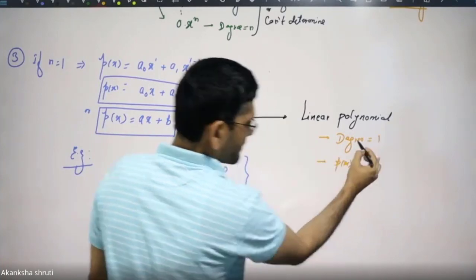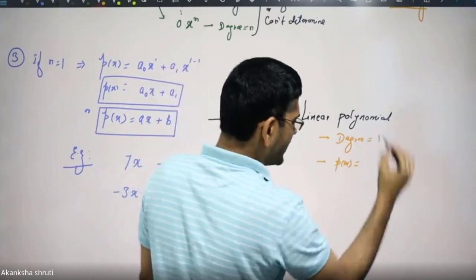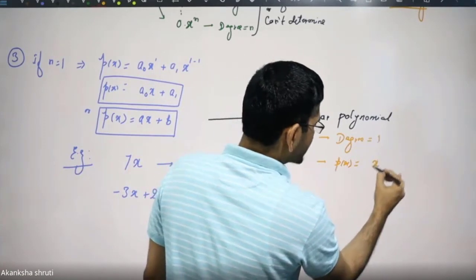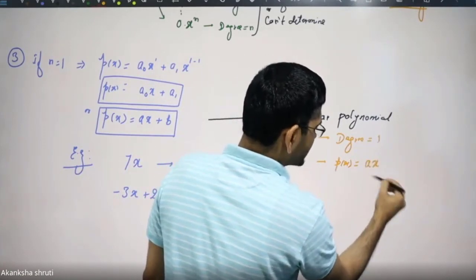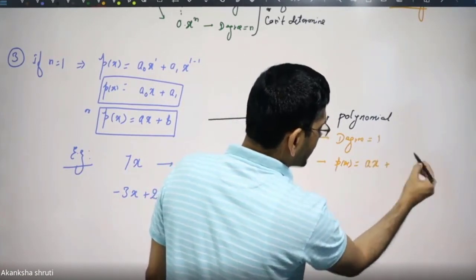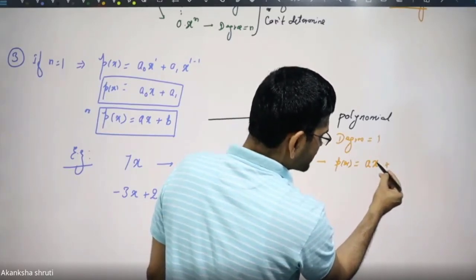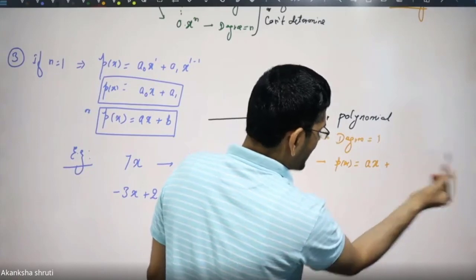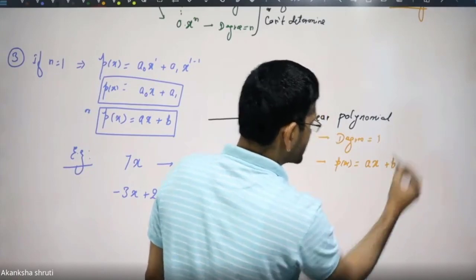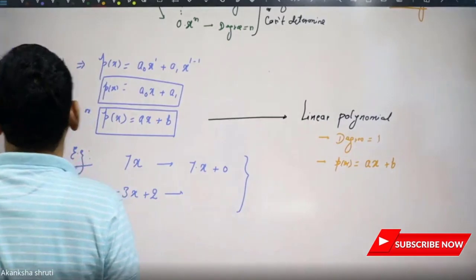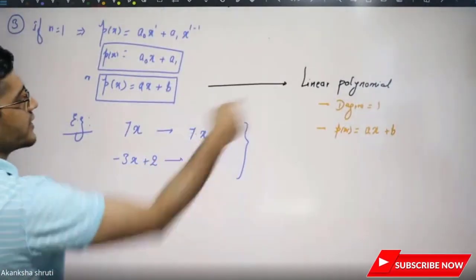In the general form, the power of x can be 1 only. While x to the power 1 may have some coefficient, the other term will be a constant term, because the other term must have a power of x less than 1. It can be 0. x to the power 0 is 1, so only a constant term. So it is called a linear polynomial.